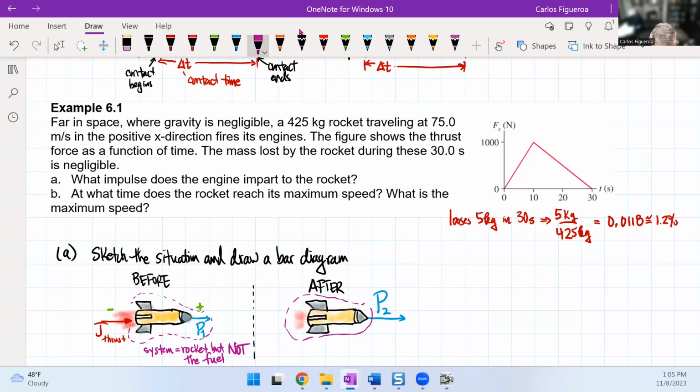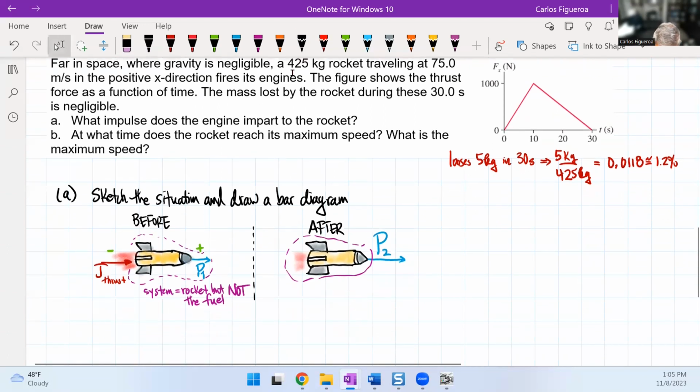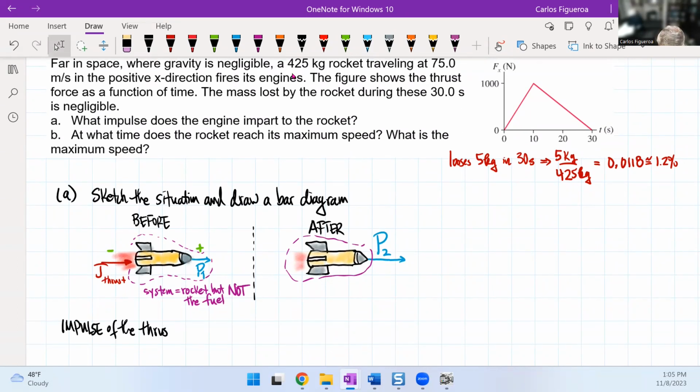So when I see this, note that the impulse of the thrust causes the rocket's momentum to change.